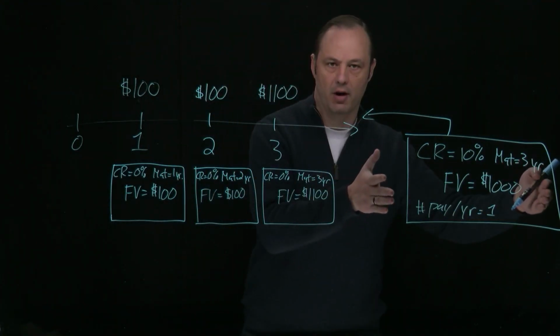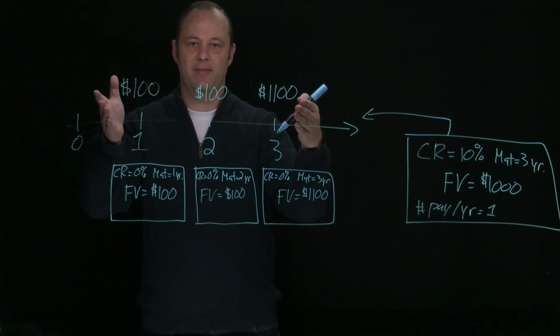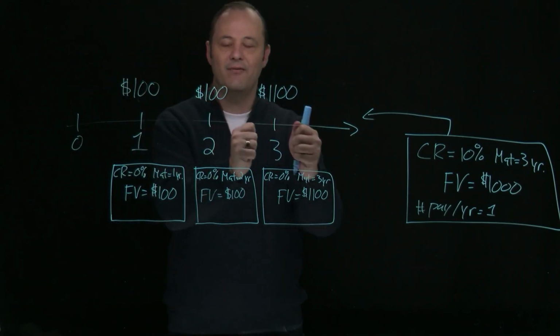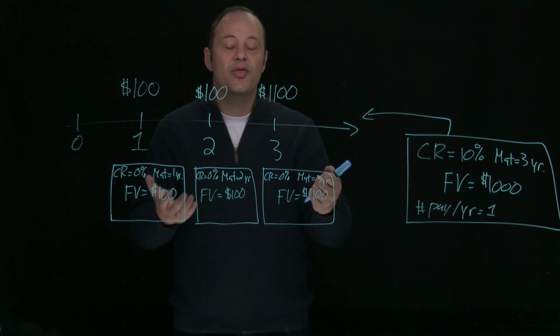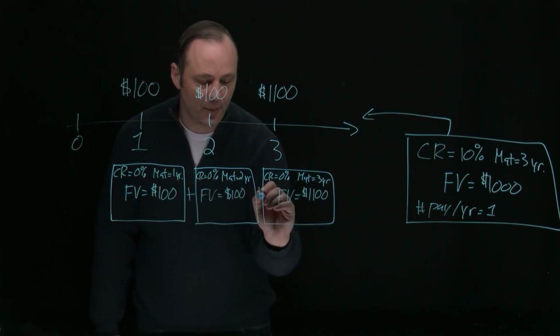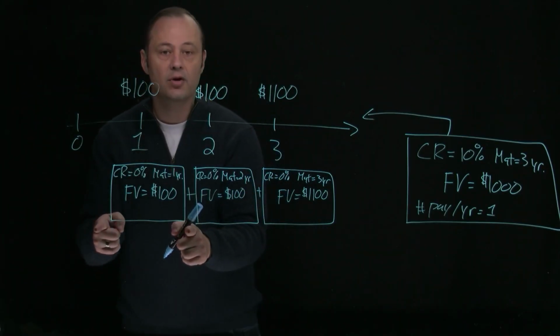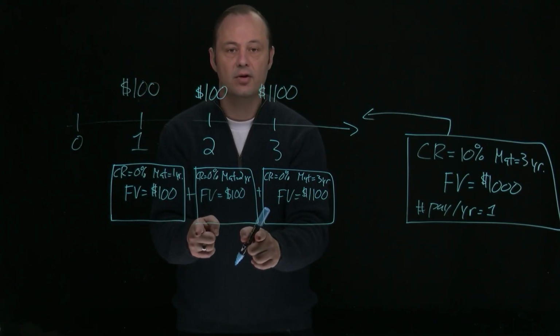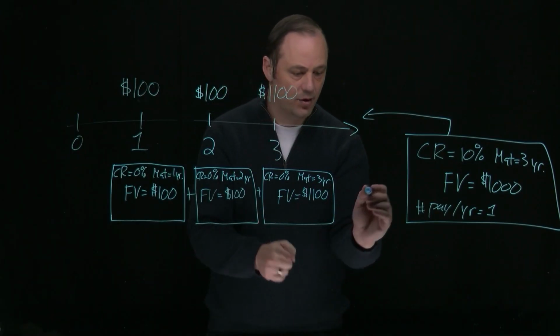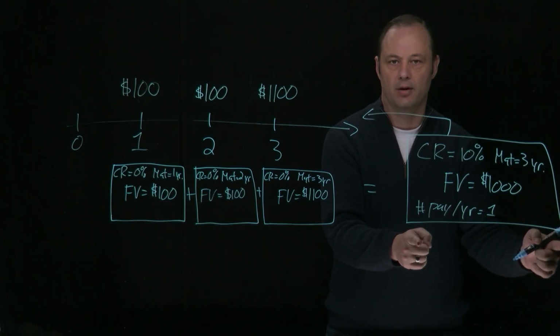Okay. So here's what I want to illustrate. This coupon bond, which throws off this series of payments, 100, 100, 1,100, we can think of as the sum of 3 different bonds, 3 different zero coupon bonds. This zero coupon bond, this zero coupon bond, and this zero coupon bond will end up equaling this coupon bond.